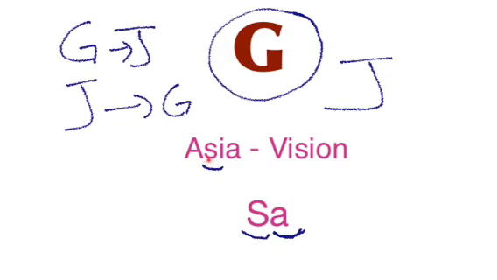You have the word Asia and vision. So here's the thing: the way you pronounce the S of Asia and the way you pronounce the S of vision, the J sound is the sound you will use for the G in French. So the J sound will be this one here, the S, J, and the A of the English alphabet.